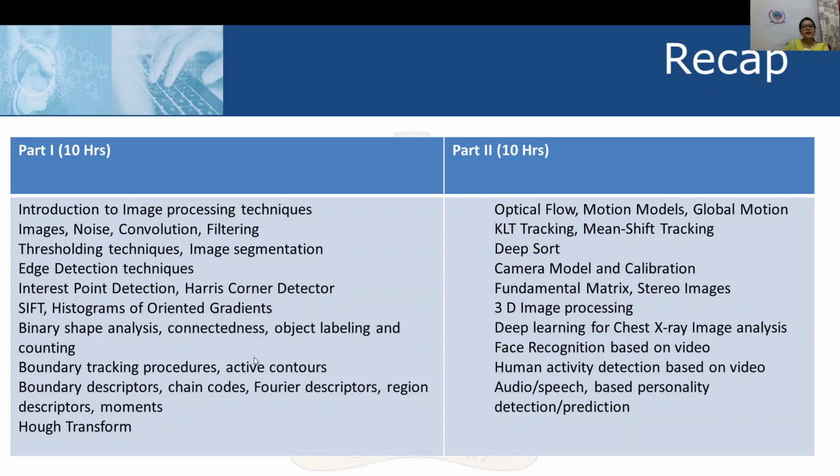Then boundary tracking, active contour. Here we have seen how the snake algorithm works, in order to determine the minimum energy, it tries to reduce the energy in order to find the actual contour. In binary shape analysis, we have seen the concept of connectedness. So here we will stop.